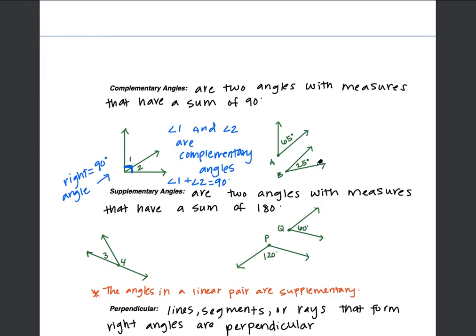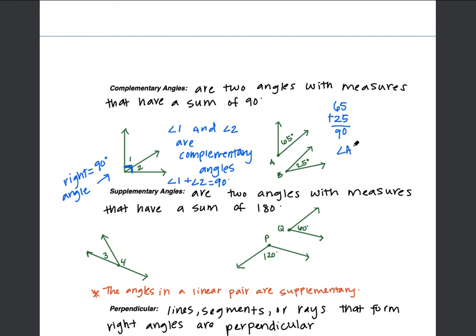Now let's look at this other example over here. Okay, well, I have angle A. Angle A is 65 degrees. Angle B is 25 degrees. Remember, complementary means that the sum of the two angles is 90. So I have to add them to see if they're 90. Well, if I have 65 and I have 25, so I add those two numbers together, right, I get 90. So these two angles added up together equal 90. So then that's true. So they are complementary angles.